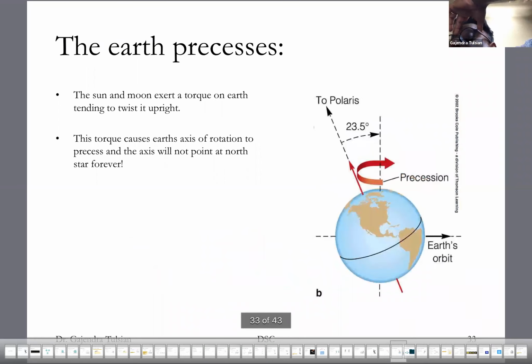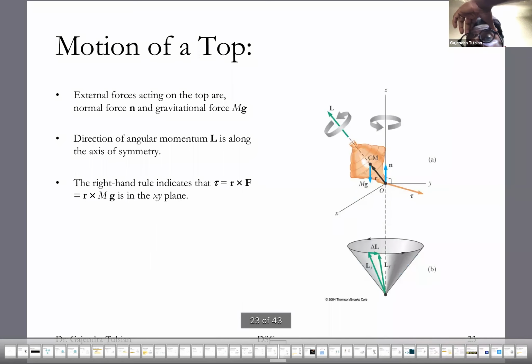Now, here's a very spectacular example of precession. Before we talk about this, let me go back to one of the previous slides of the top. There's the top.